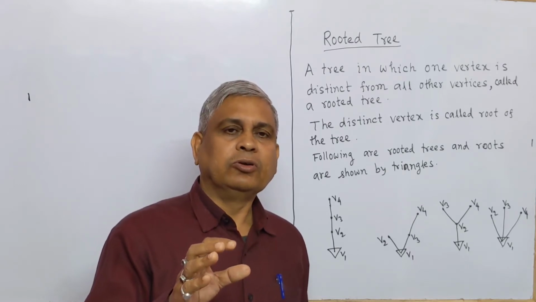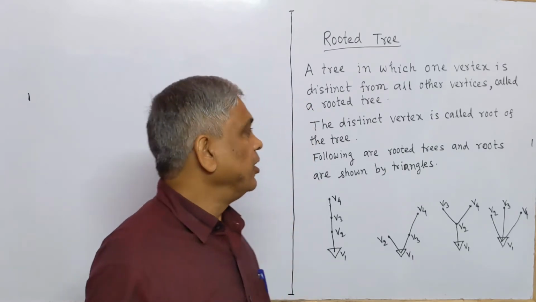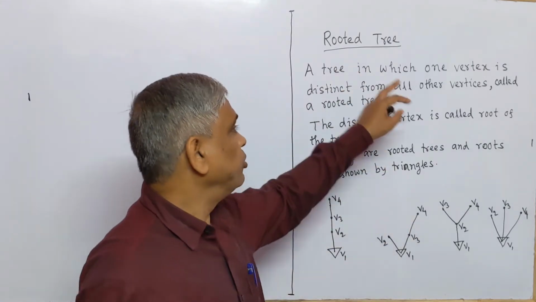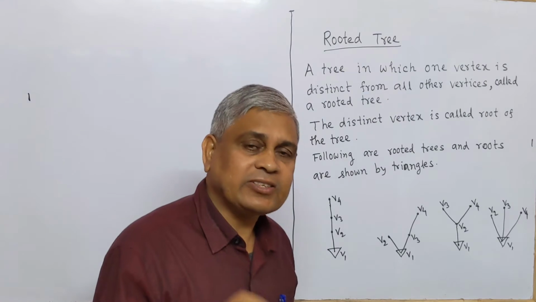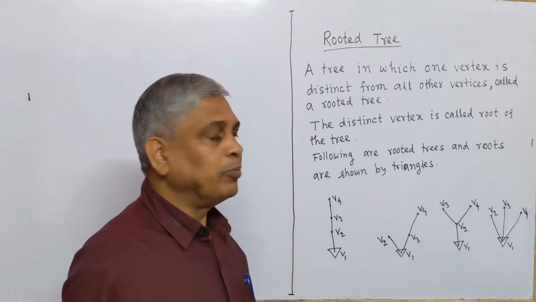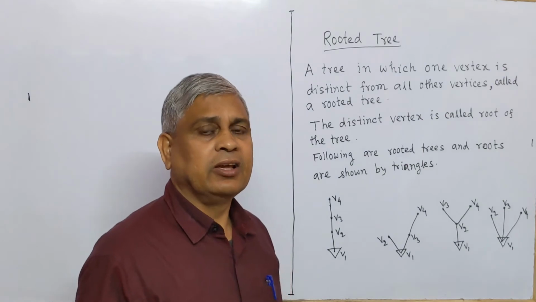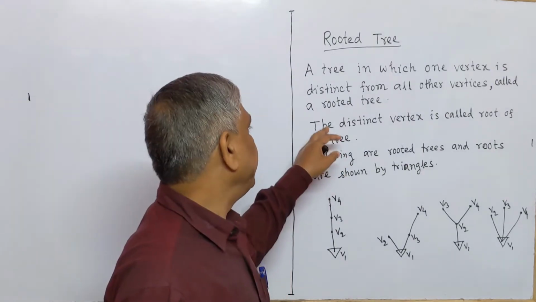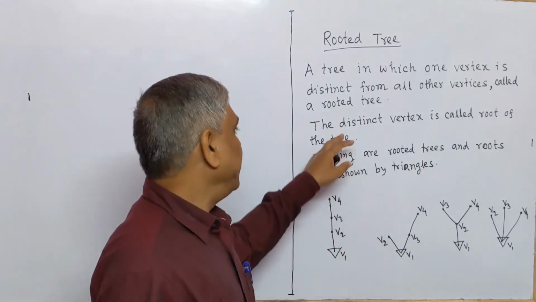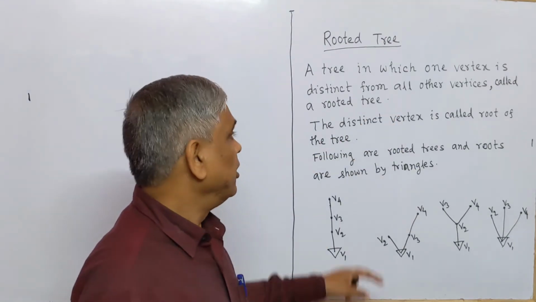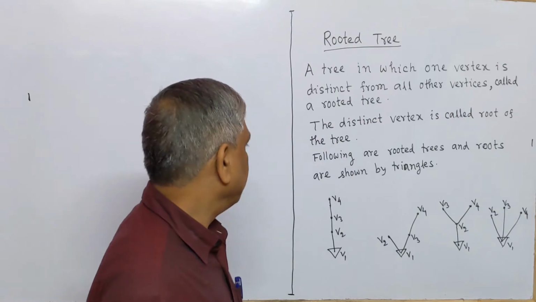So, we firstly define rooted tree: a tree in which one vertex is distinct from all other vertices is called a rooted tree. The distinct vertex is called the root of the tree.